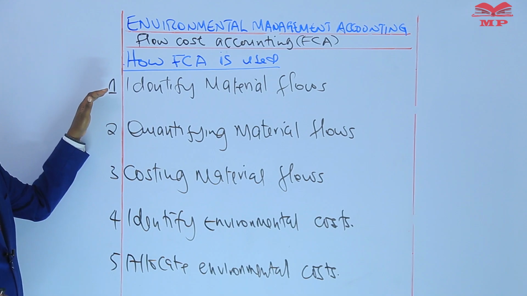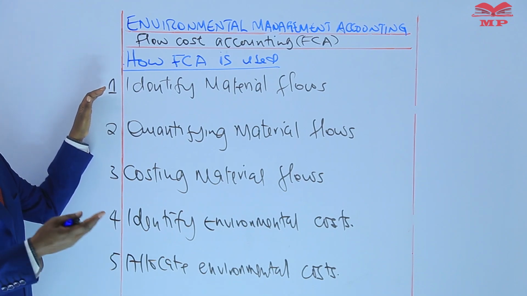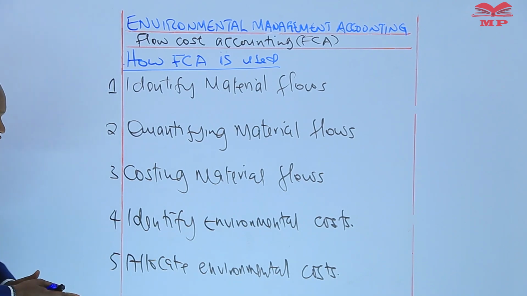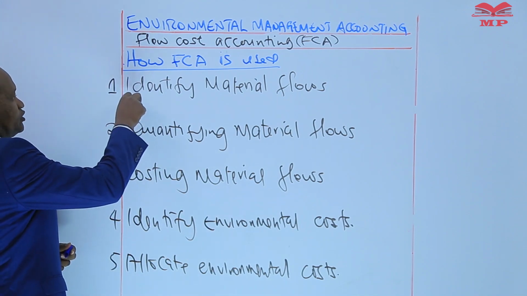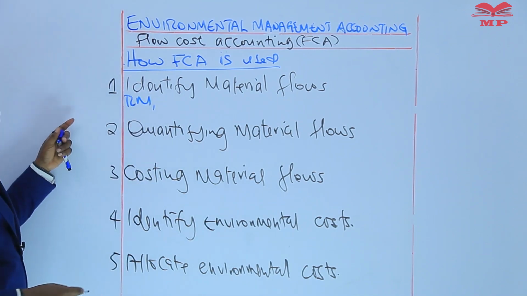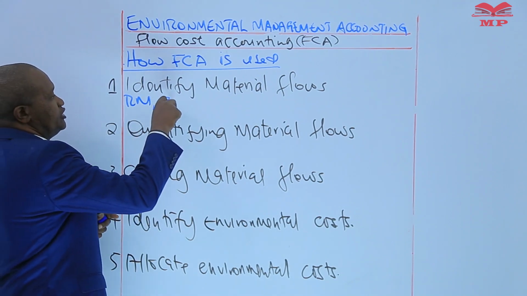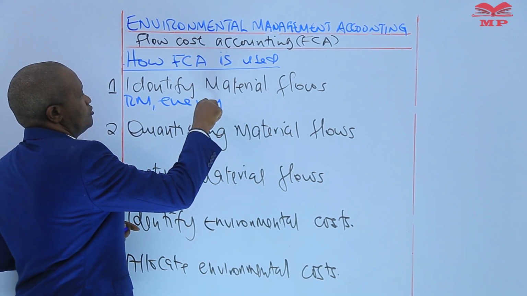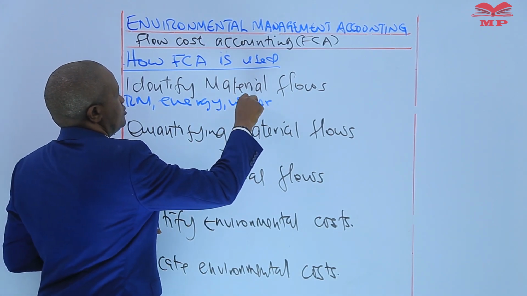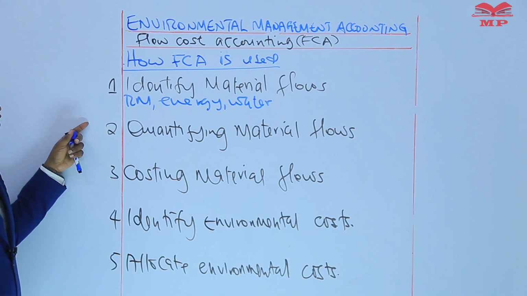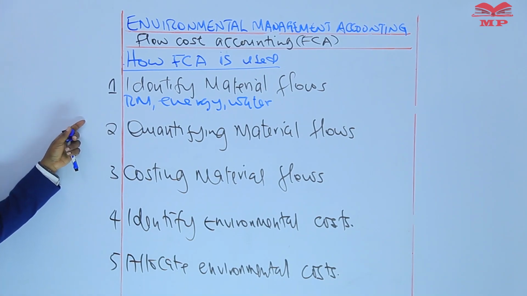Identify material flows. These are materials and resources used in the production process, including raw materials. It could be water, energy, etc. Identify: is it raw materials?